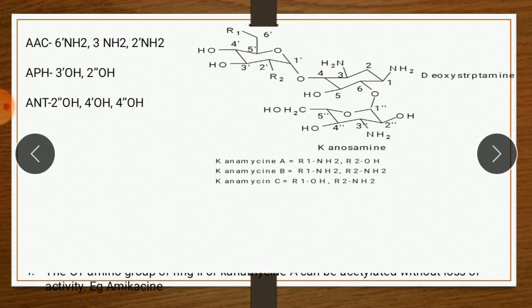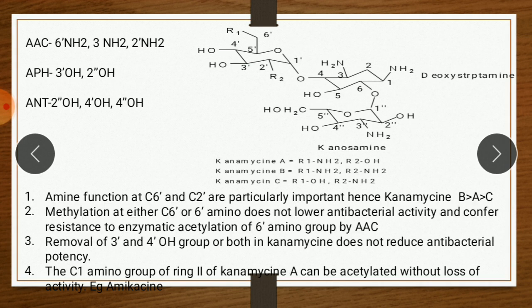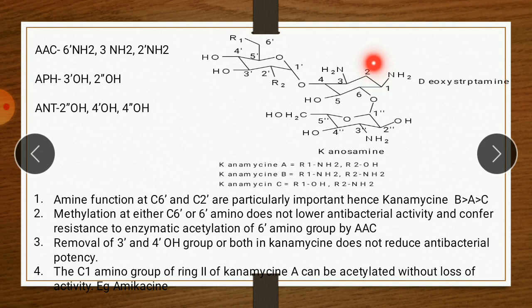If we see the SAR here, in case of ring 1, above there is the first ring, that is ring 1. The first point is the amine function at carbon 6 dash. The numbering pattern is important, so you should remember how the numbers are given. First see the central ring.